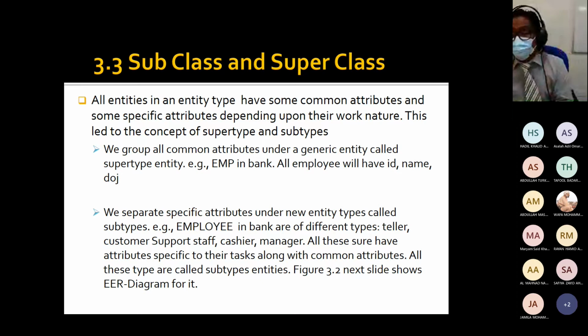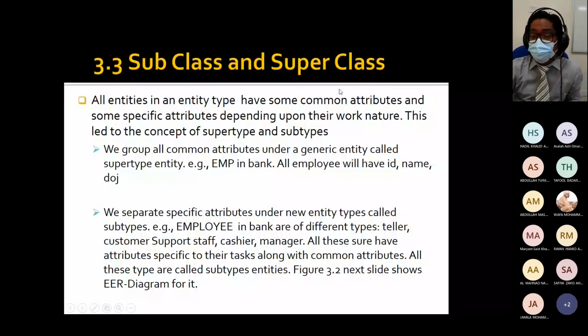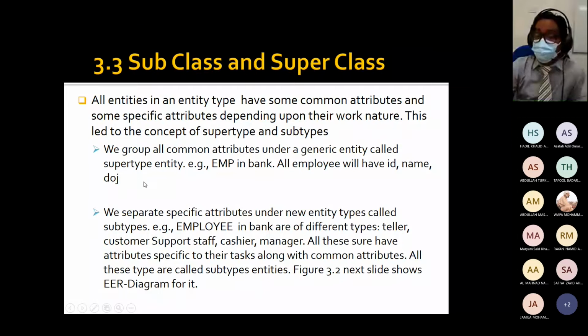And maybe we can also separate the specific attributes into another new entity, which we'll call a subtype. We will come to see that later. Just for example, if we have all common attributes under a generic entity, we will call that one a supertype. That is a supertype.